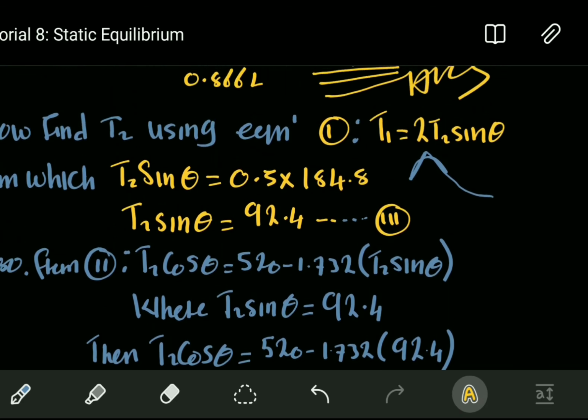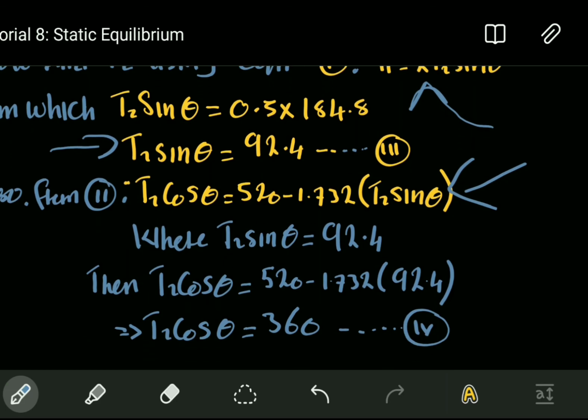At this stage we can try to find the value of T2 by considering equation 2, which gives us T2 cos theta equals 520 minus 1.732 times T2 sine theta. But we know that T2 sine theta is 92.4, so where there's T2 sine theta here, we substitute 92.4.